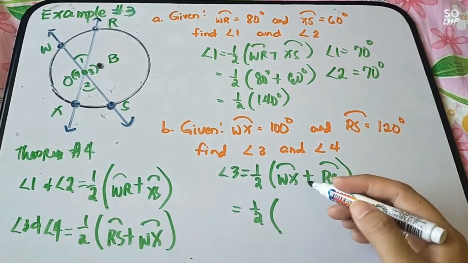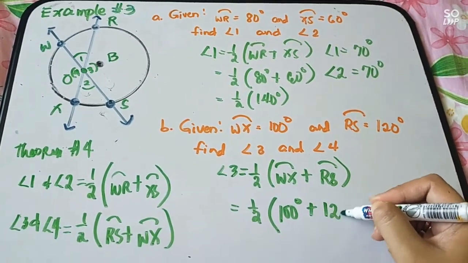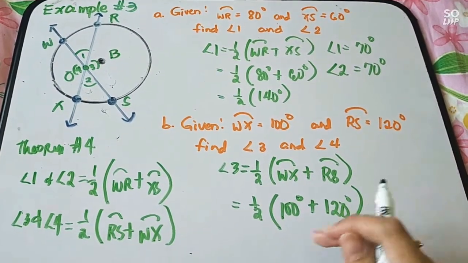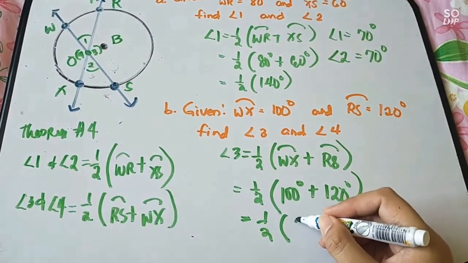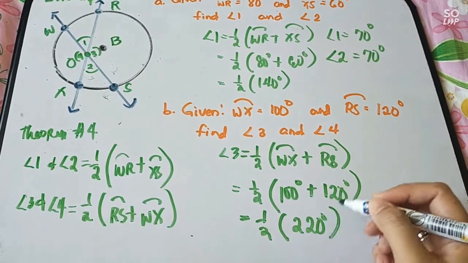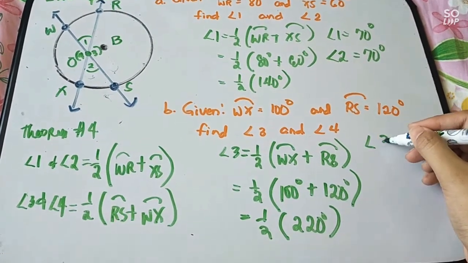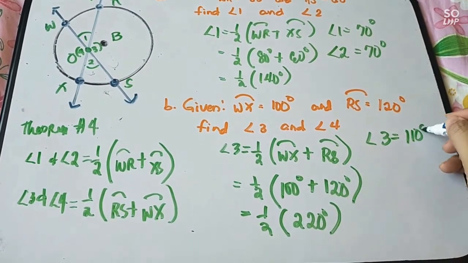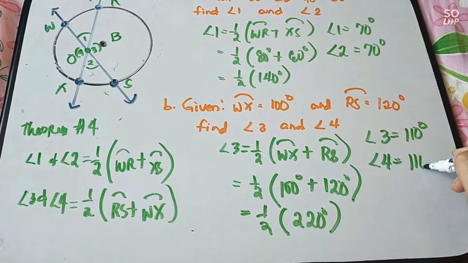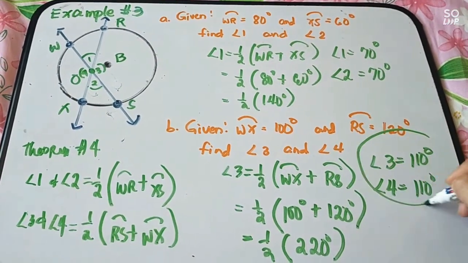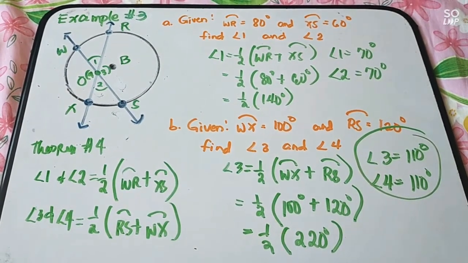Is it clear? So, WX is 100 degrees plus 120 degrees. So, 100 plus 120, we have 1/2 of 220 degrees. Now, what's the half of 220? Therefore, angle 3 is equal to 110 degrees. And angle 4 is also 110 degrees. Okay? So, that is an example for theorem number 4.